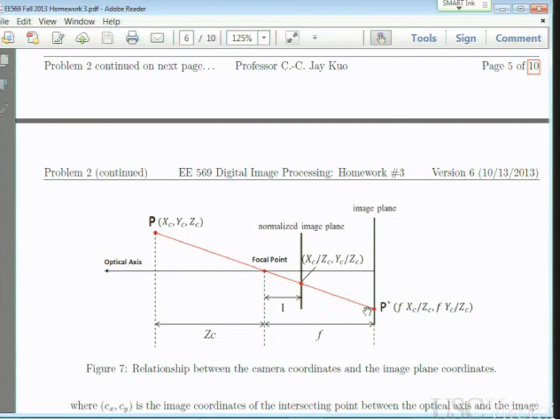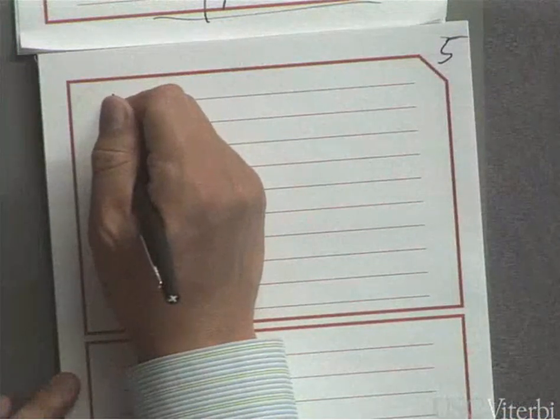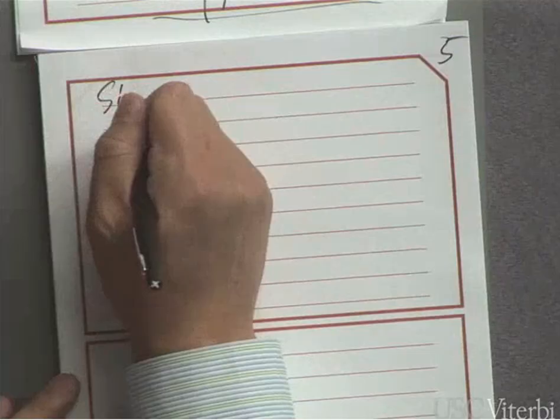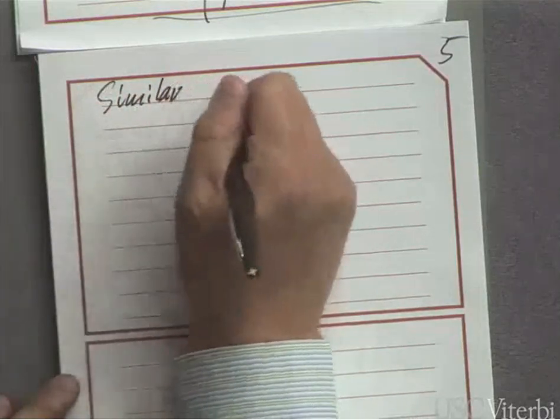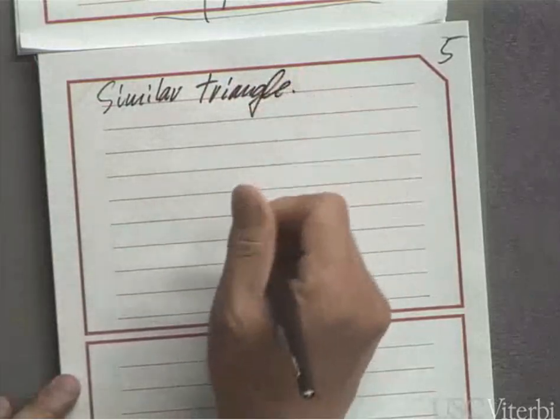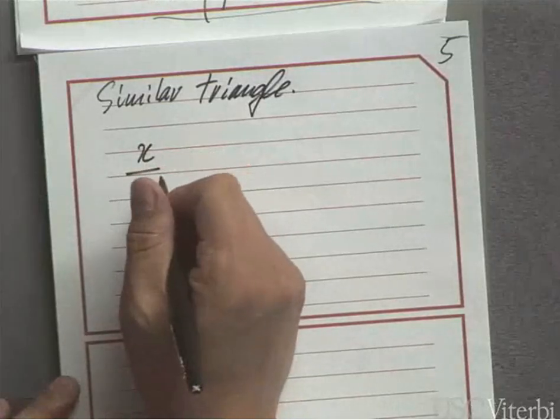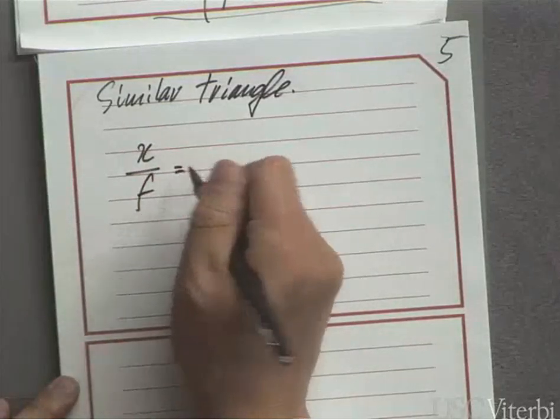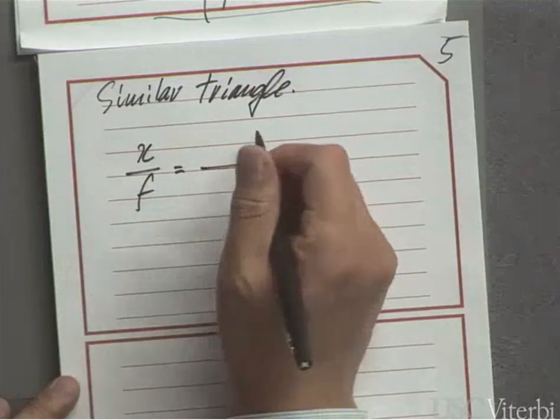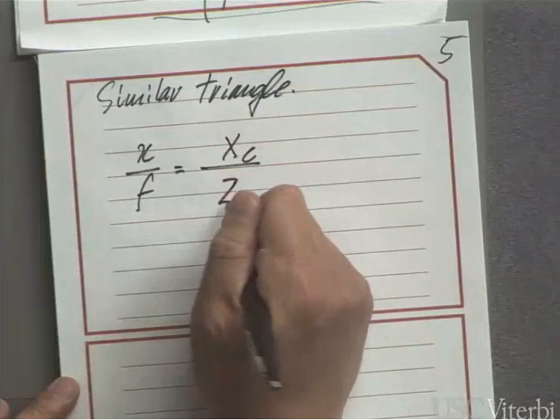Operator, can you show my notepad? So we have a similar triangle. So we have the small x divided by F, like XC divided by ZC.